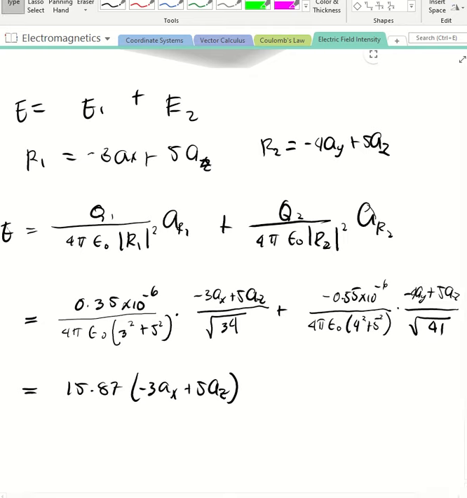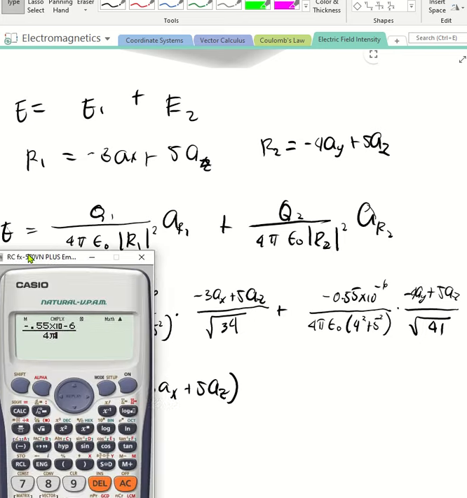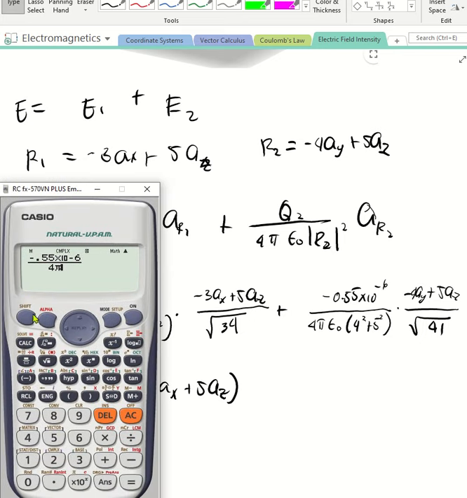Then the other one, negative 0.55 exponent negative 6 all over 4 pi epsilon constant. Then you multiply it with the square root of 41, and we just need to cube this one.